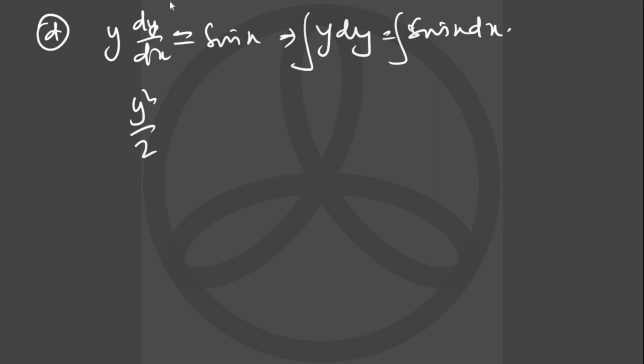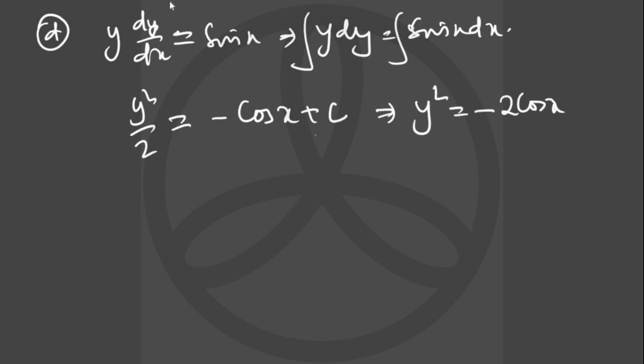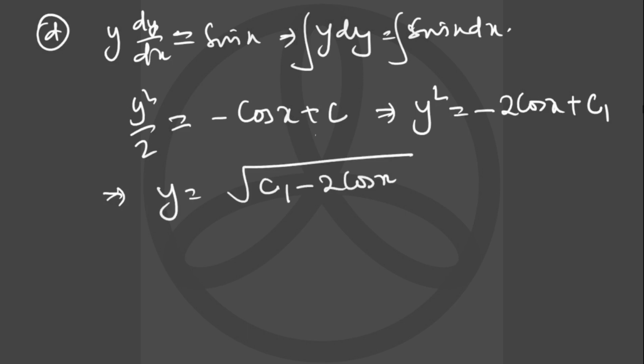On the left hand side it will become y square oblique 2, and on the right hand side it will be minus cos x plus c, where c is a constant of integration, and we write y square is equal to minus 2 cos x plus another constant we can assume, or we can write 2c. 2c is also a constant, so we can write c, or I will choose to write c1, and y is equal to square root of c1 minus 2 cos x.